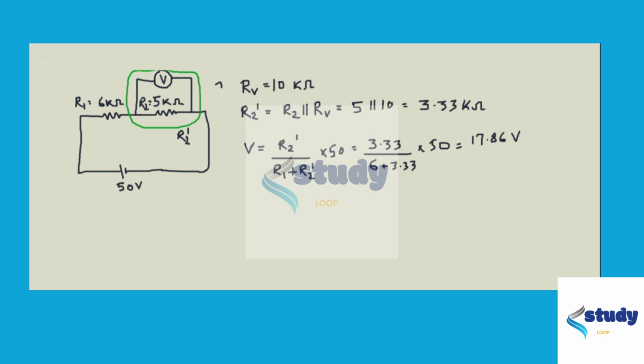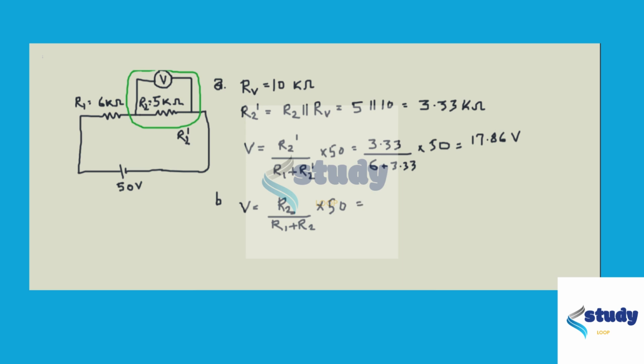We are done with part A of the question. Now, what would be the true potential difference? The true potential difference would be such that the voltmeter does not have any internal resistance. Then V would be simply R2 upon R1 plus R2 into 50.